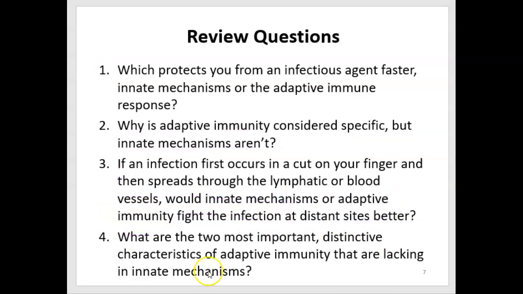And then the fourth review question: what are the 2 most important distinctive characteristics of adaptive immunity that are lacking in innate or resistance mechanisms? Maybe this should really be 3, but all the experts say there are 2 most important features that are distinctive for adaptive immunity.